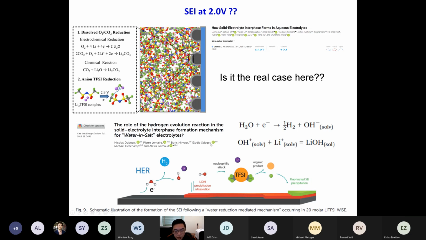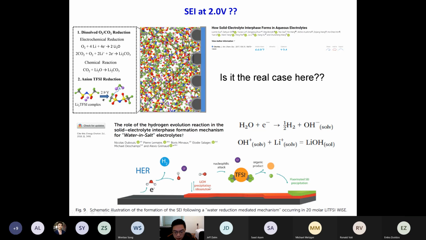So the real case here is, at least at the beginning, in the initial cycles, you still get some water decomposed on the anode surface, right, and the hydrogen evolution will leave some hydroxide groups behind. But the unique thing about this electrolyte is you cannot dissolve any lithium hydroxide in this aqueous solution anymore, because you already have saturated lithium ions in this solution.